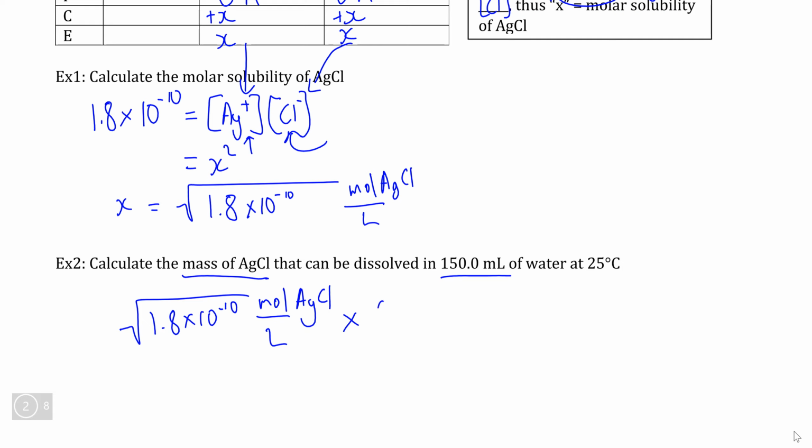Remember that this is in milliliters, so we would multiply by 0.1500 liters instead. So now we have the number of moles of AgCl, meaning that all we need to do is multiply by the molar mass of silver chloride.